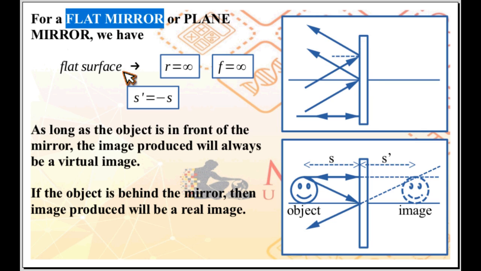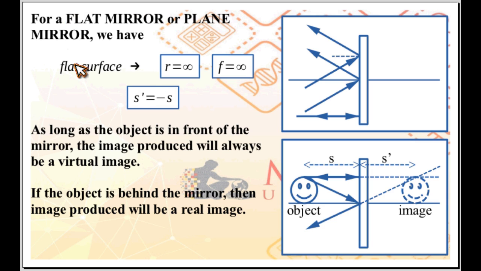And for a flat surface, geometry tells us that the radius of curvature is infinite. And since f is equal to r over 2, infinite divided by 2 will give you infinite. The focal length for a flat mirror is infinite.